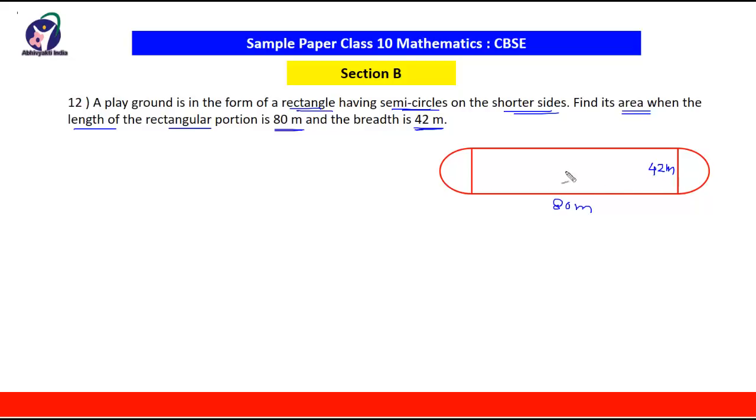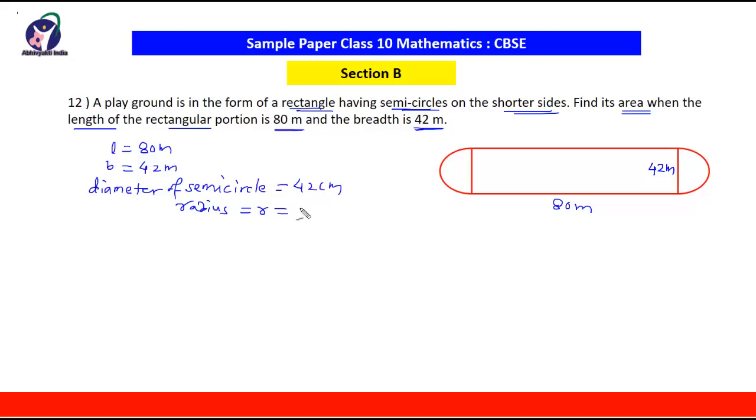So here first write the given things, that length of the rectangular portion is 80 meter and the breadth of the rectangular portion is 42 meter, and since the breadth is 42 meter, diameter of a semicircle is equal to 42 centimeter, and therefore radius of that semicircle will be r is equal to half of 42, that is 21 centimeter.